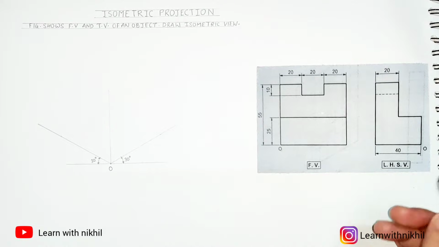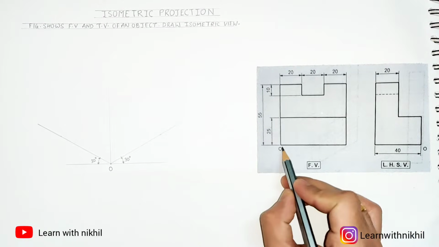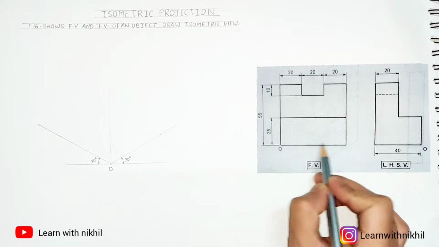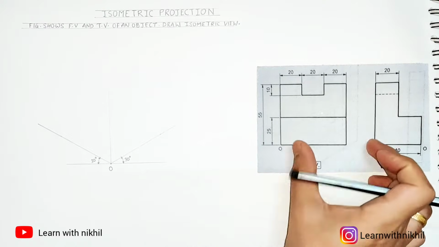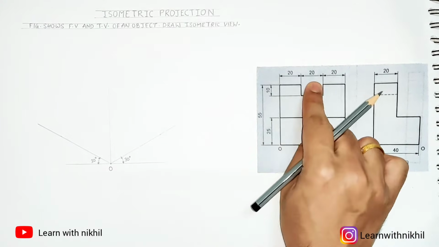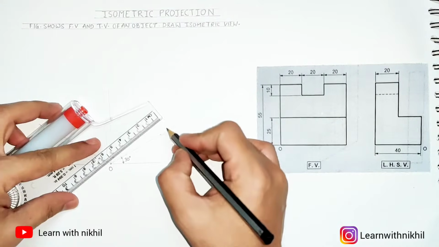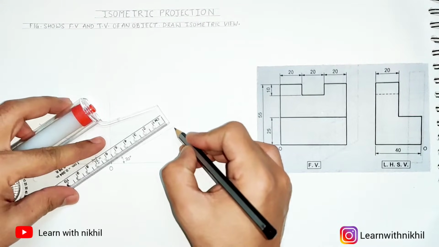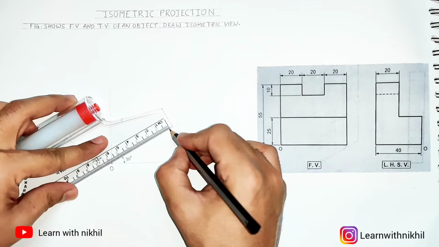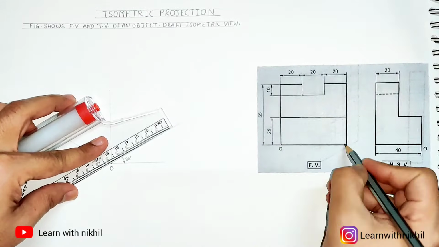So starting with the front view, the length of the front view it is given at the top. It is 20 plus 20 plus 20, that is 60 millimeter. So we will draw a straight line of 60 millimeter.